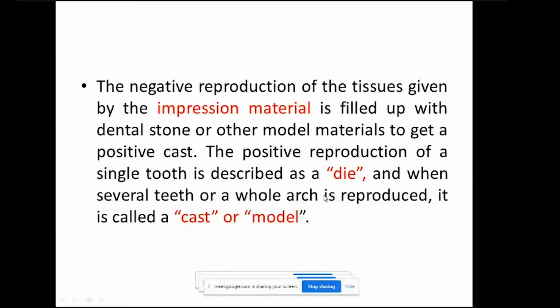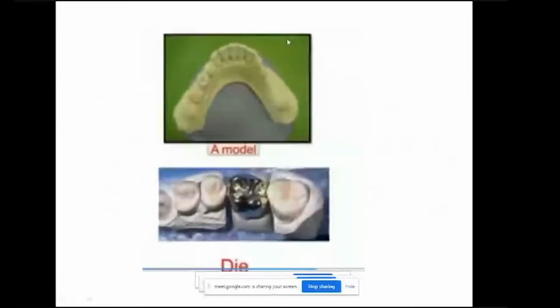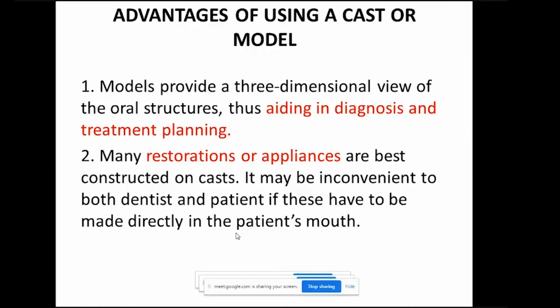Okay. This is the model. It is more than one teeth. This is the die. It is single. For every cast model die, we have advantage and disadvantage.